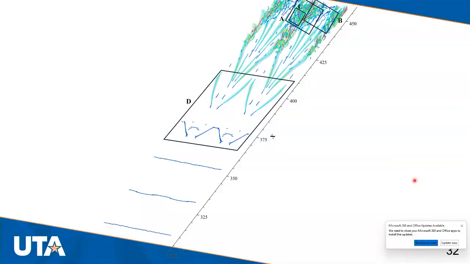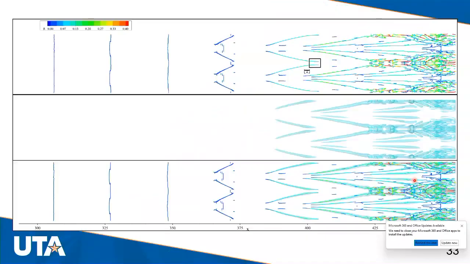Actually here you can find more detailed vortex structures, but I do not show them in this figure. And this figure gives you a top view of that result. The structures are very clear, and you can see where the rotation is stronger, where the rotation is weaker.